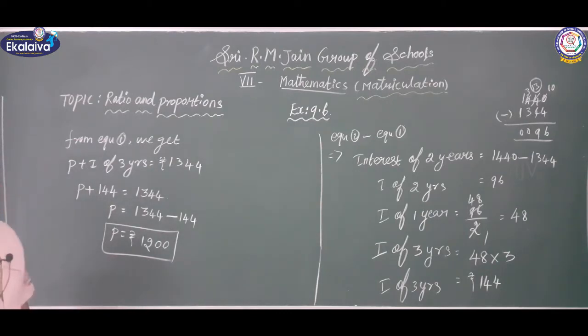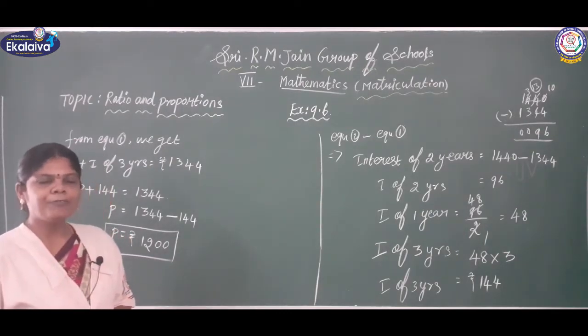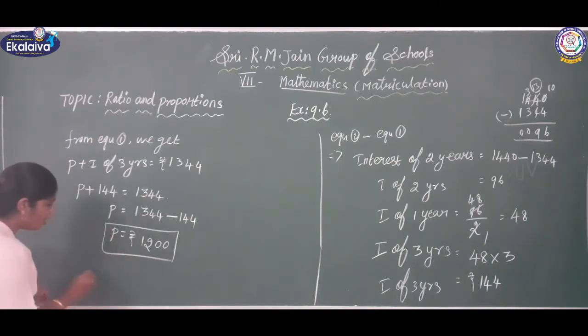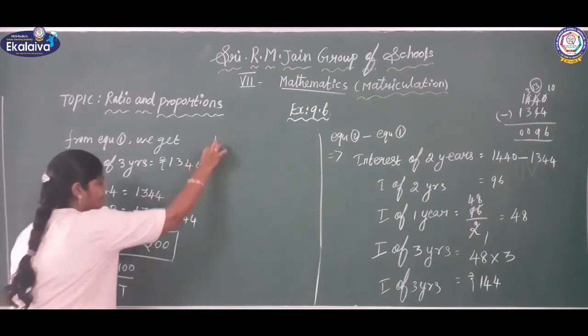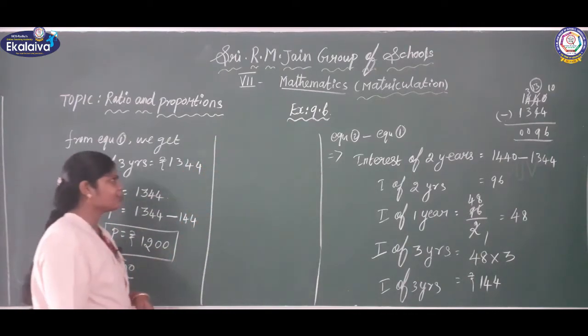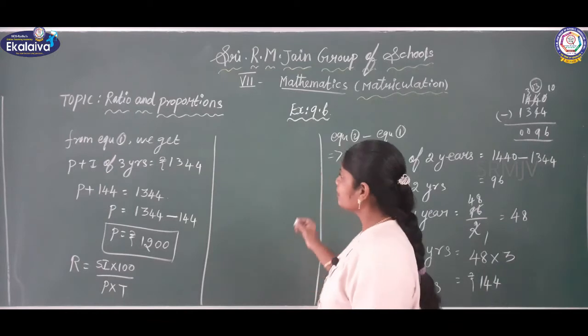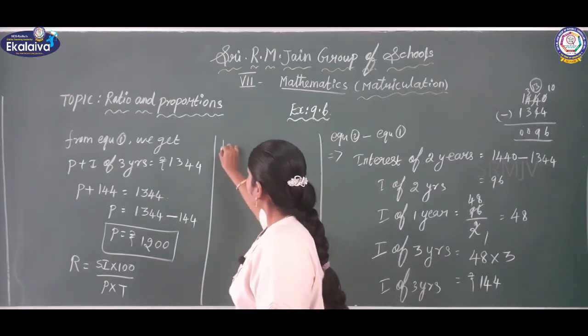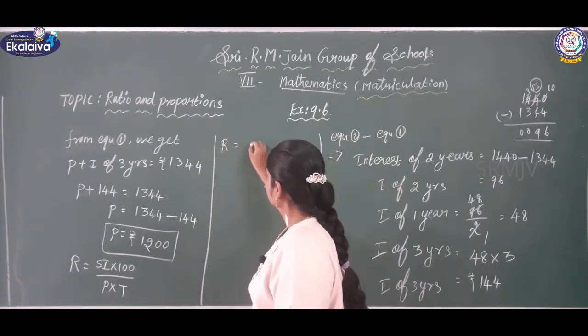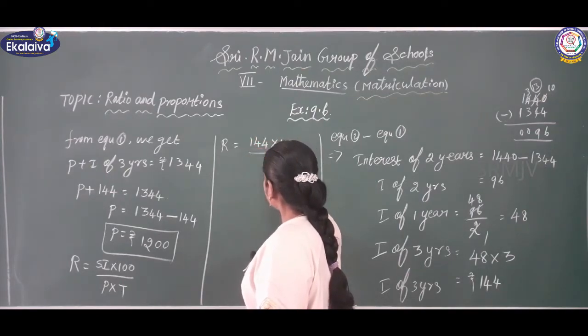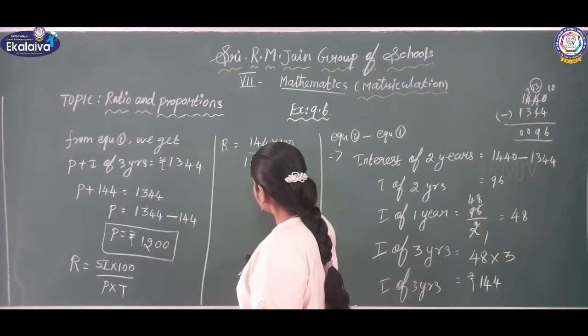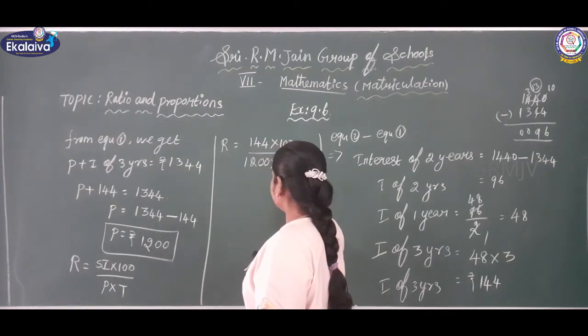Next we need to find out rate of interest. Okay. So R equal to simple interest into 100 divided by principal into time. Here you substitute the values here. R equal to simple interest 144 into 100 divided by principal 1200 into time 3 years.